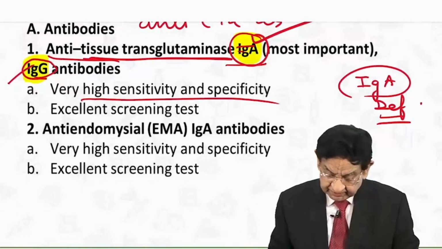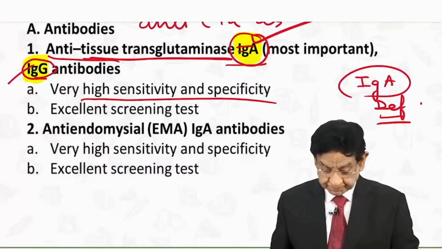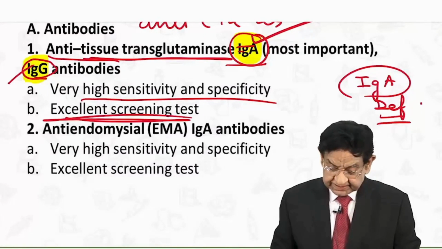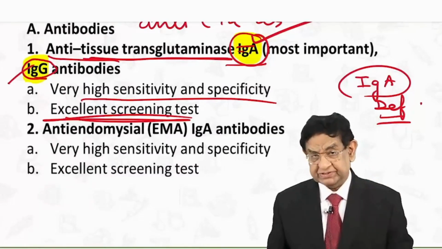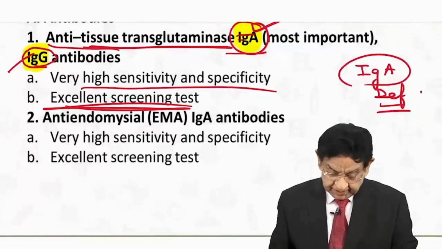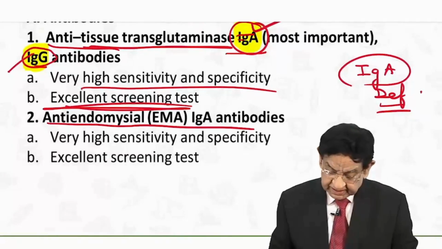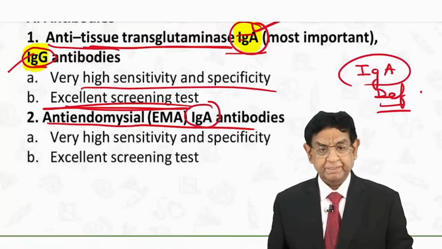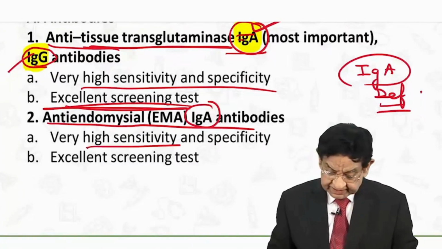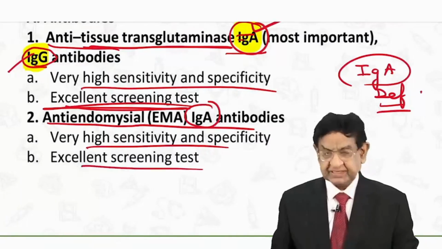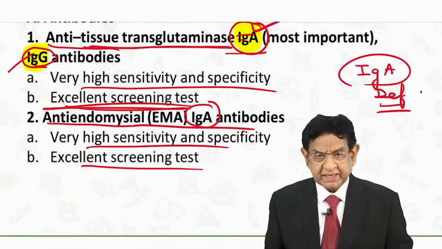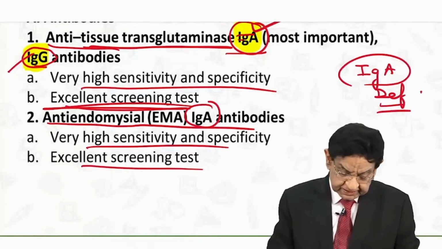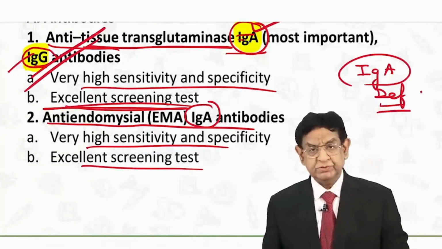It is a highly sensitive and very specific test, an excellent screening test. Similarly, we have the anti-endomysial antibody test, again an IgA antibody, again very sensitive and specific, an excellent screening test. But in clinical practice, normally anti-TTG is most commonly used.